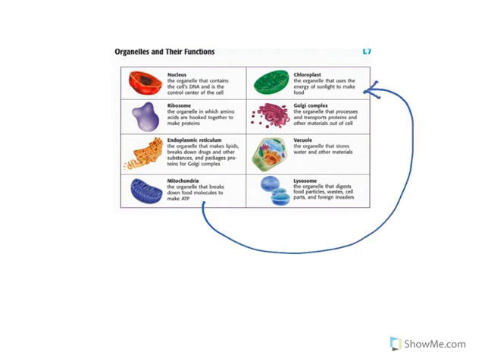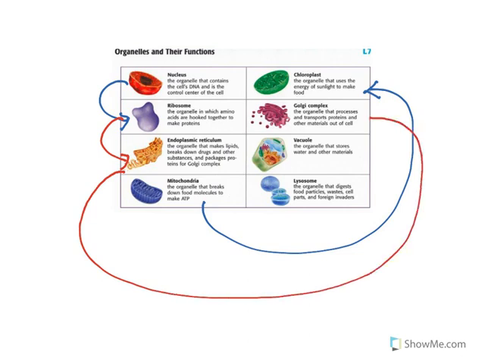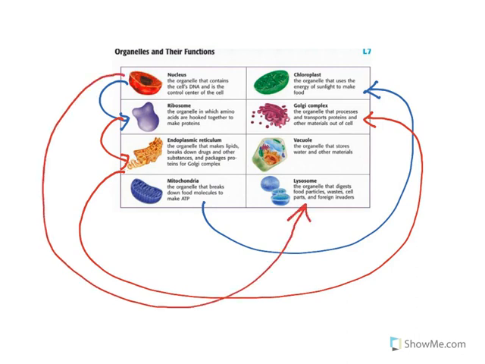The nucleus and the ribosomes. The ribosome and the ER. The ER and the Golgi. The nucleus and lysosomes. So you can see that there are lots of things working together. Those are just a few of the ones that you need to be aware of and be able to notice their connection.